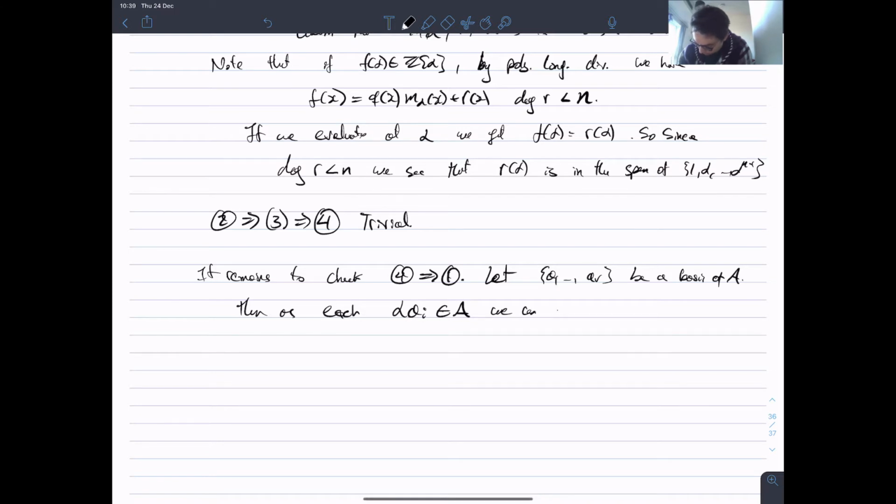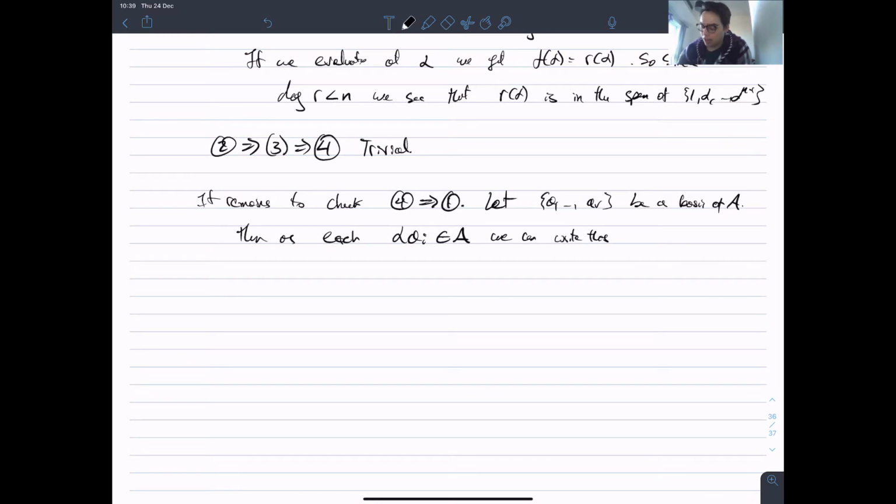We can write this again in terms of this basis. Each of these is some element in A, and this is a basis for A, so each of these things can be written in terms of the basis.